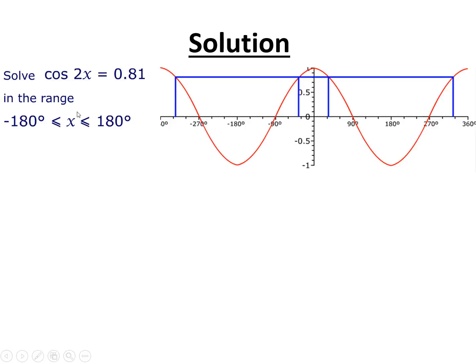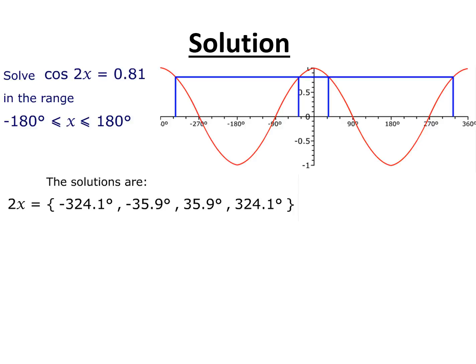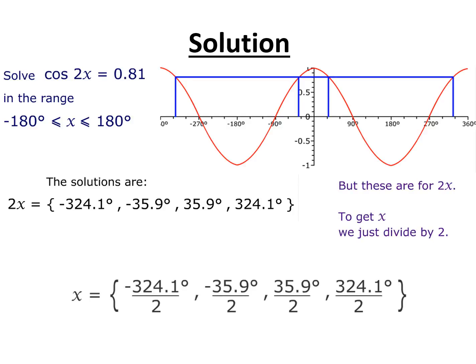Well, that's because it's 2x, so we need to expand our limits to between minus 360 and 360. And we just sub in cos to the minus 1 of 0.81 and get what our values of 2x are. And that gives all of these. And then we divide everything by 2, and that's obviously going to be these things.